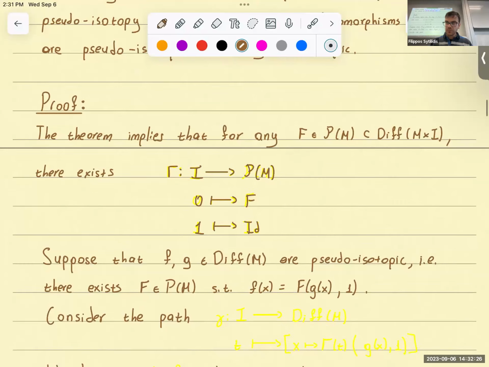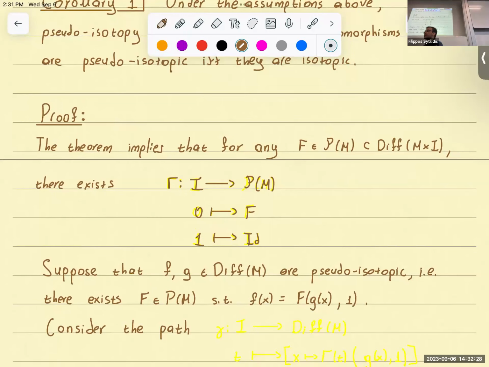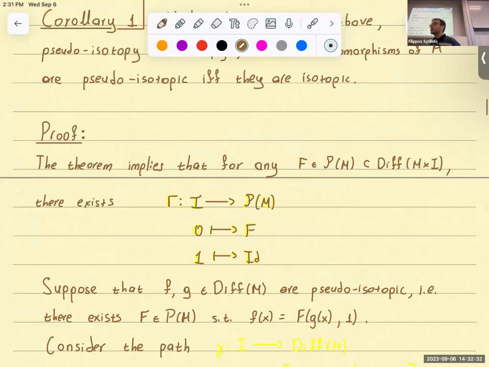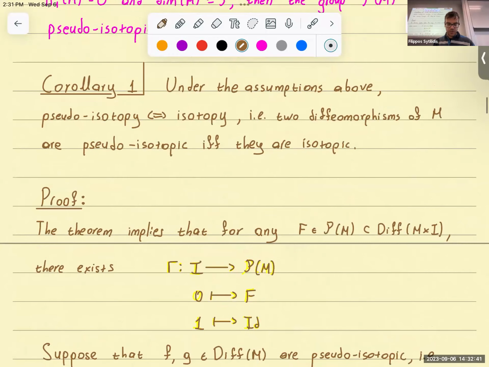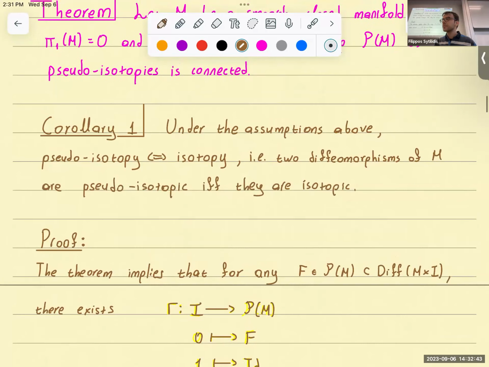Okay, now. Sorry? Yeah. Previously you mentioned that isotopy is inside pseudo-isotopy. So I don't understand the if and only if. Can you explain why? Because I feel like it's trivial. Right. So one way is indeed trivial.